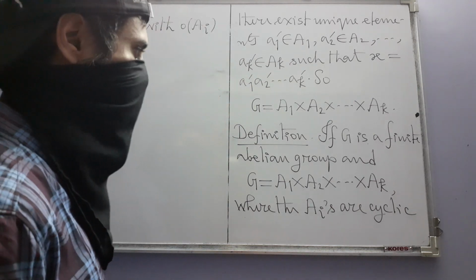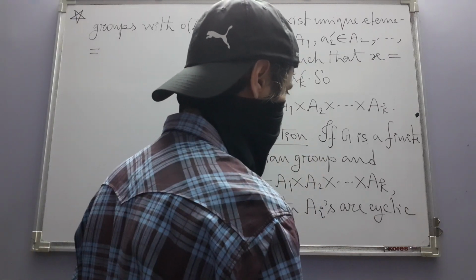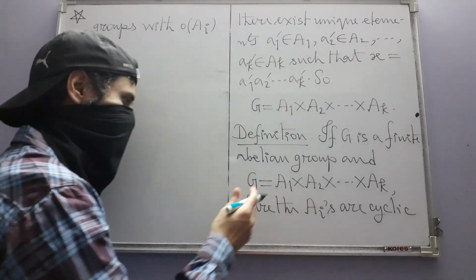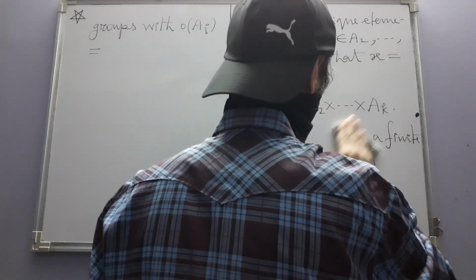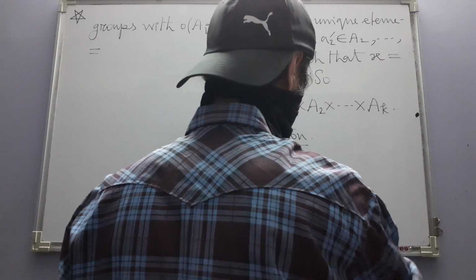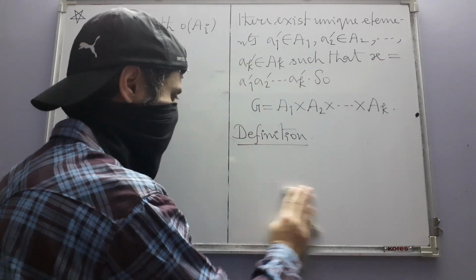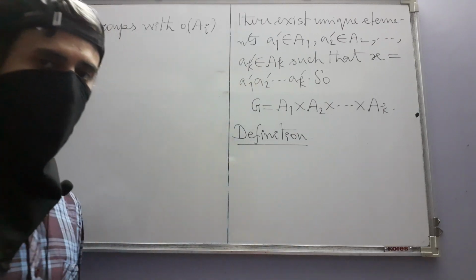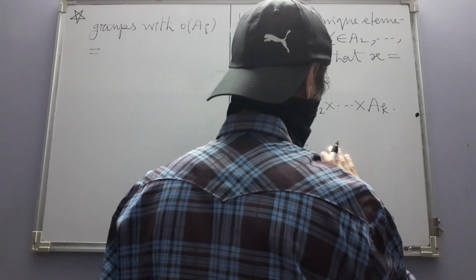In the definition, I should have mentioned, okay, let me just write it properly. I forgot to say that the group has to have order which is a power of a prime. It's not just any finite abelian group.